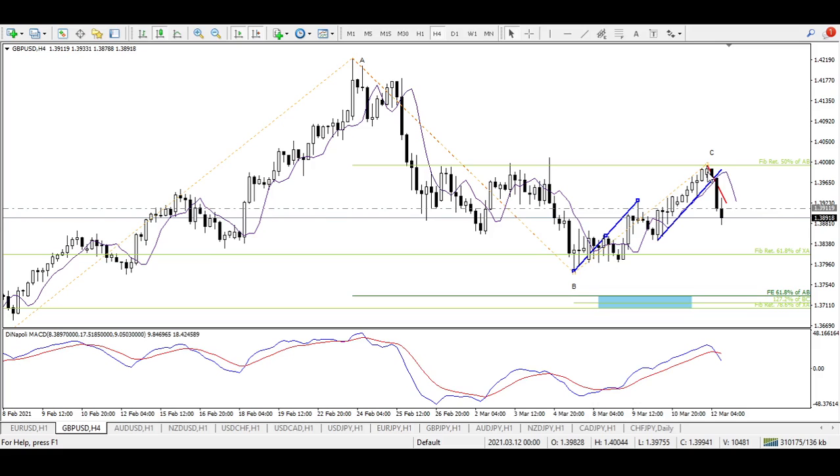Otherwise, I'll suggest to look at the closing of the 4-hour candle. I personally am going to look at the closing of the 4-hour candle, because sometimes what happens is the market temporarily goes a few pips beyond the SL and then it returns back. So it just takes your stop and comes back, just like what happened here. If you look at this candle, it made a wick slightly above this previous candle and then fell down.